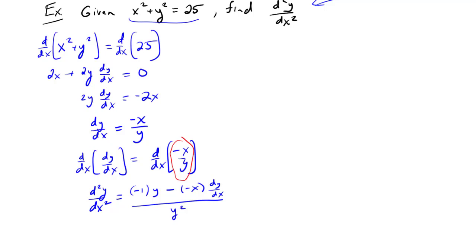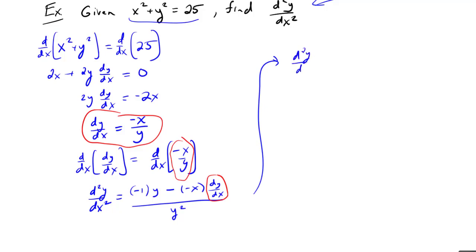Okay, so now what do I do? Well, notice I have this dy/dx in there, in addition to x's and y's. But that's okay, because I know what dy/dx is. I've already calculated that. So if I go up here now, I could do this. So I have negative y plus x, and then I already found that dy/dx is negative x over y, all over y squared.